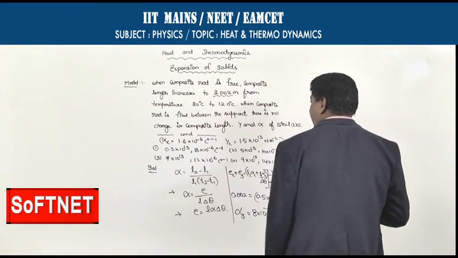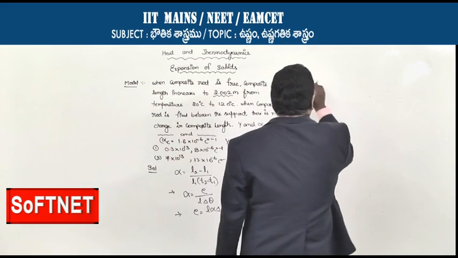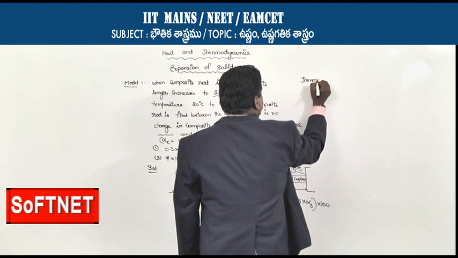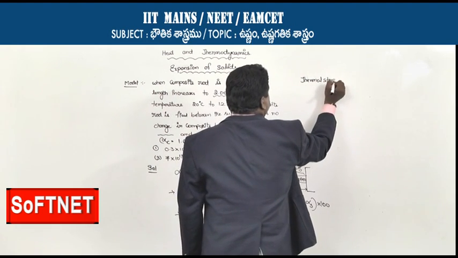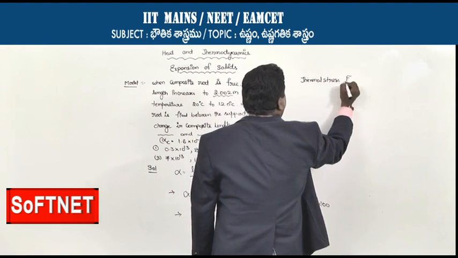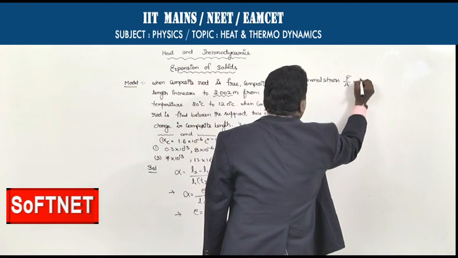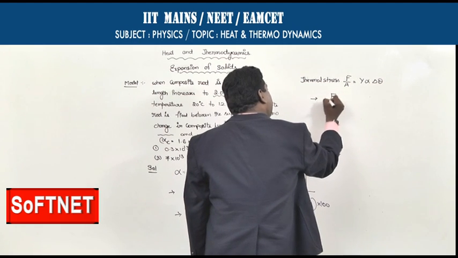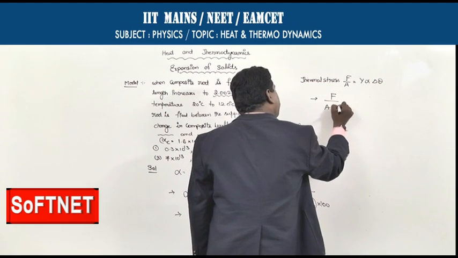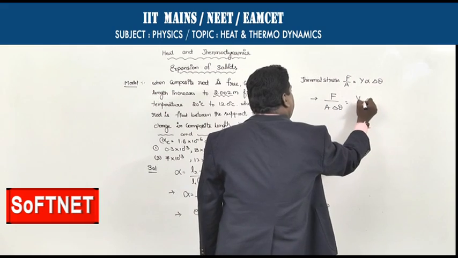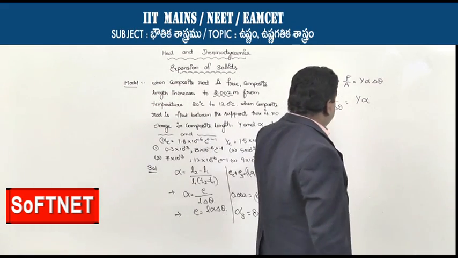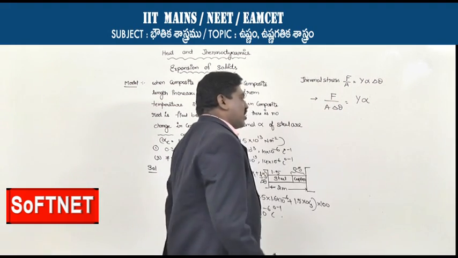After finding alpha steel, let us try to find the Young's modulus of steel. For that we have thermal stress, F by A, given as Y alpha delta theta. This can be written as F by A into delta theta equals Y alpha. In both the rods, the thermal stress per unit temperature remains constant.